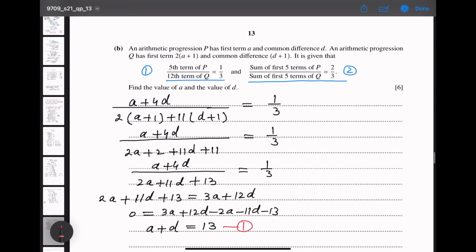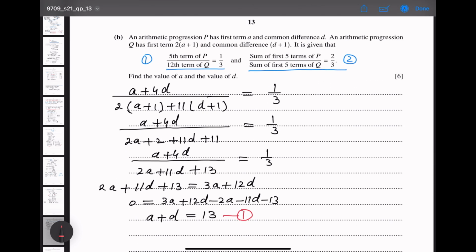Similarly, we will find equation number 2. Here the sum of the first 5 terms of P over the sum of the first 5 terms of Q is given, that is 2 over 3.